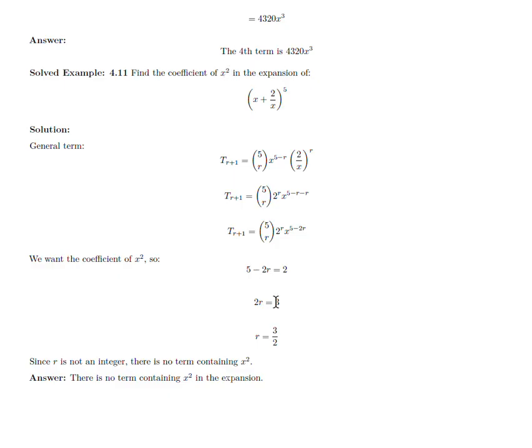That's what we are saying on the particular term we are looking for. So 5 minus 2r must be 2. Then we're able to get r. Now r is 3 over 2. If r is 3 over 2, then we can put it back here for all the r, and we'll be able to get the coefficient.